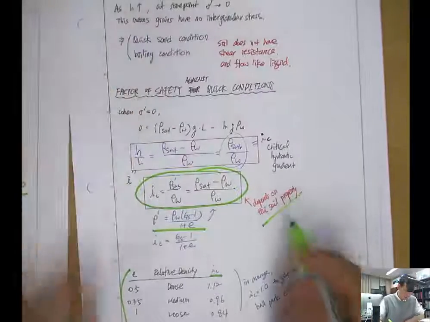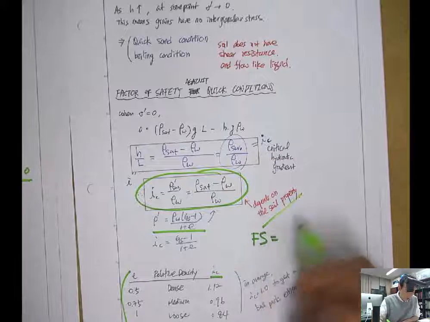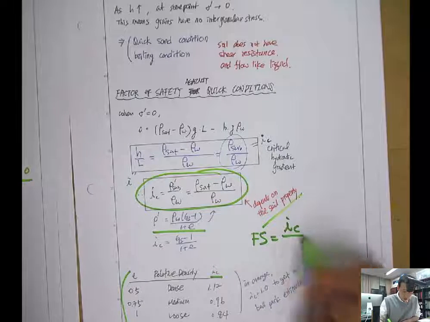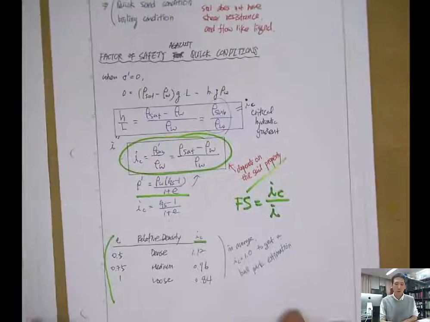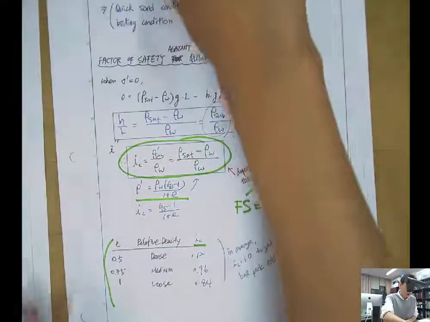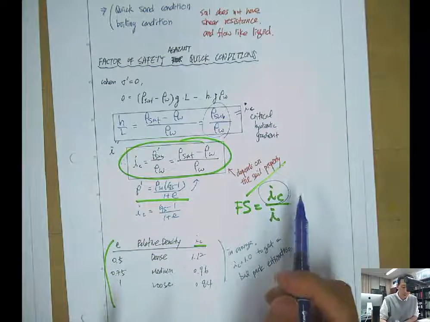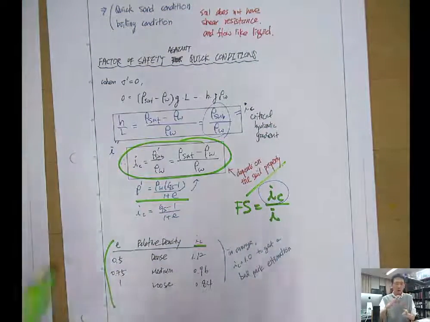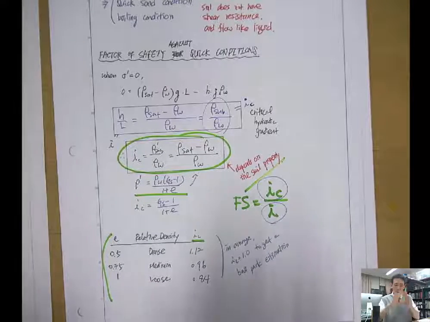So what about the factor of safety? The factor of safety Fs is calculated as i_c over i. Here i_c is the critical hydraulic gradient, which is given by the soil property, how well the soil is compacted, and i is the hydraulic gradient of the configuration.